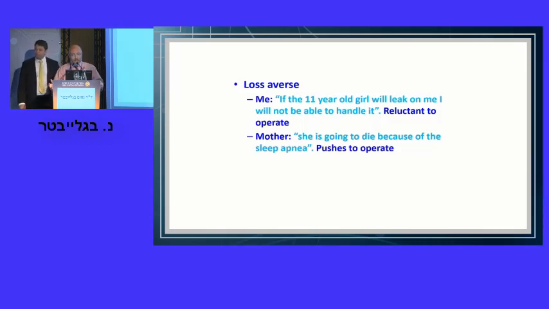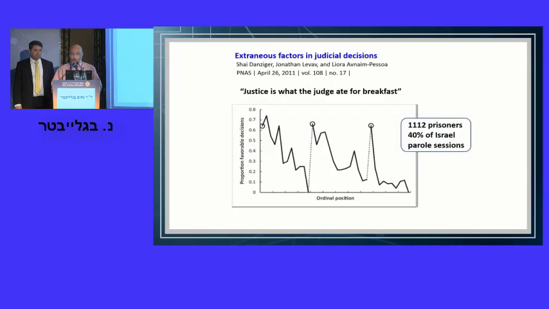But if that 11-year-old lady will leak on me, I won't be able psychologically to handle it, so I'm reluctant to operate. The mother, on the other hand, from the same loss-averse attitude, says, no, she's going to die because of the sleep apnea, and she pushes to operate.